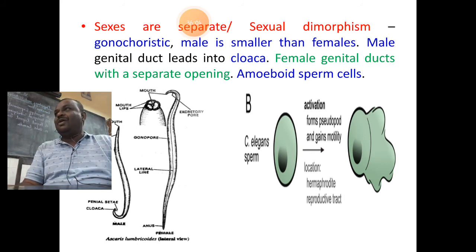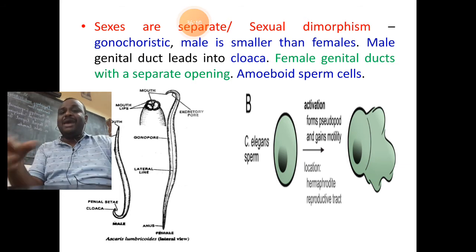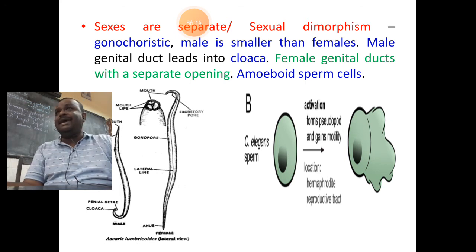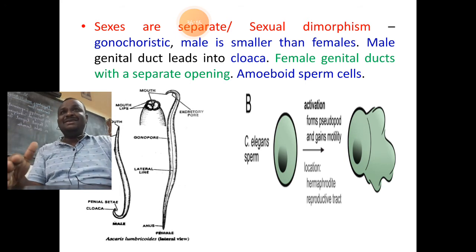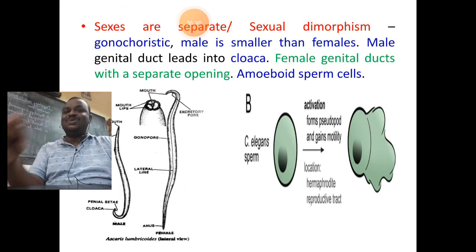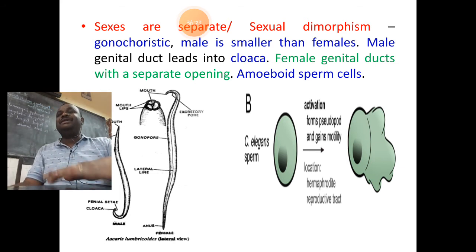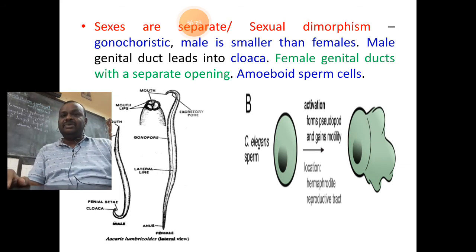This condition we call sexual dimorphism. So sexes are separate, males are separate from females. In platyhelminthes, we have understood that the organisms are hermaphrodites, bisexual organisms, but here they are monosexual organisms. Males are separate from the females.